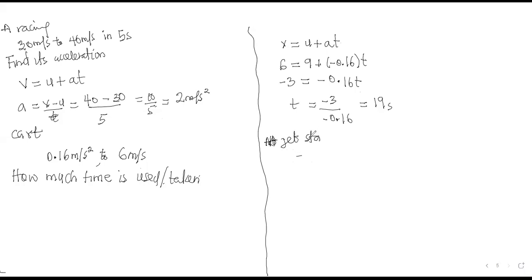A jet starts from rest and accelerates uniformly at 3 meters per second squared. So the acceleration of the jet is 3 meters per second squared.